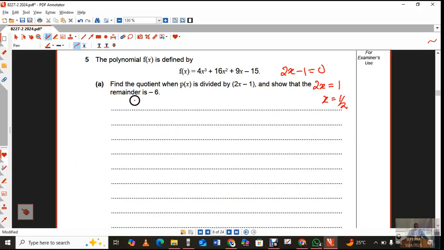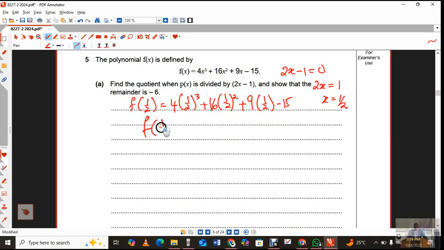Okay, but if you were to do the remainder theorem and you put a half into the function, everywhere you have an x, you'll end up with that remainder. That's practically the remainder theorem.